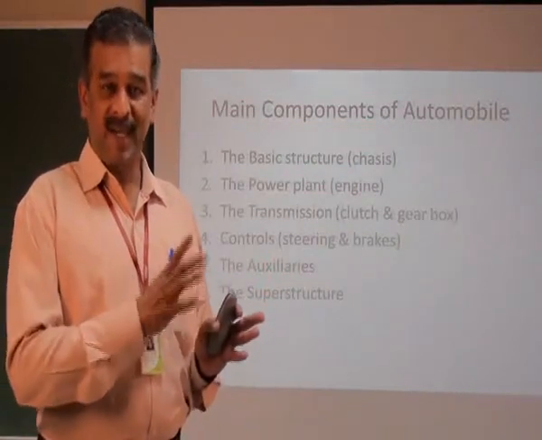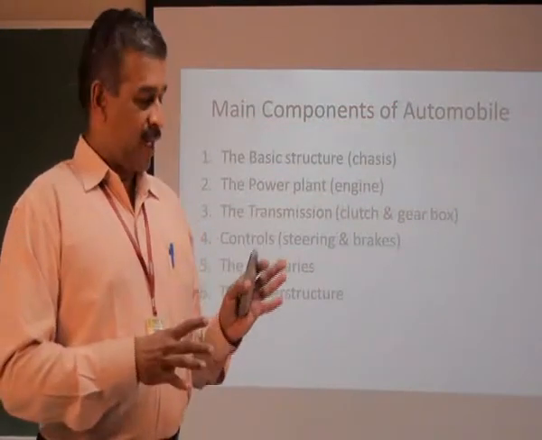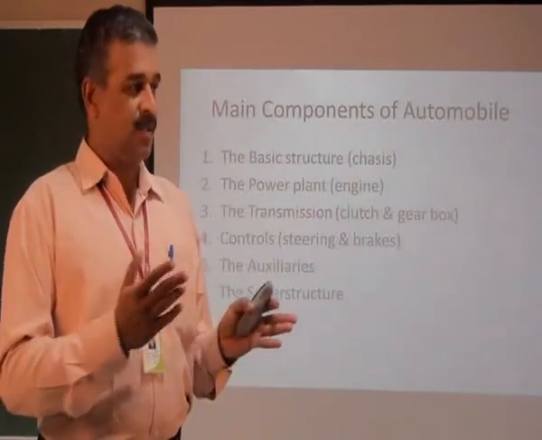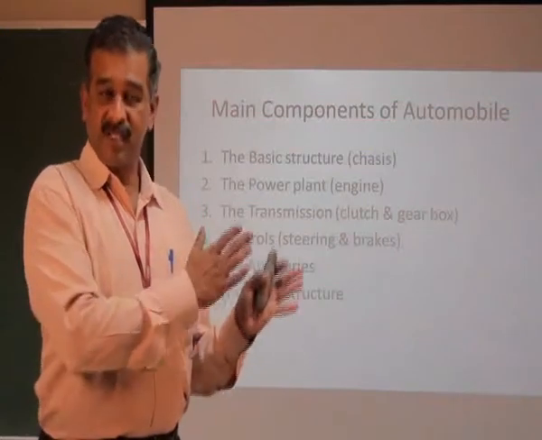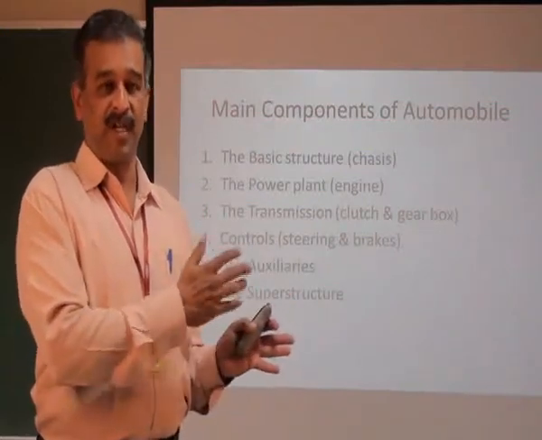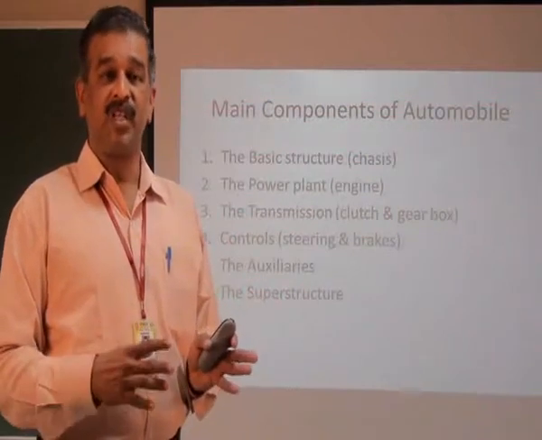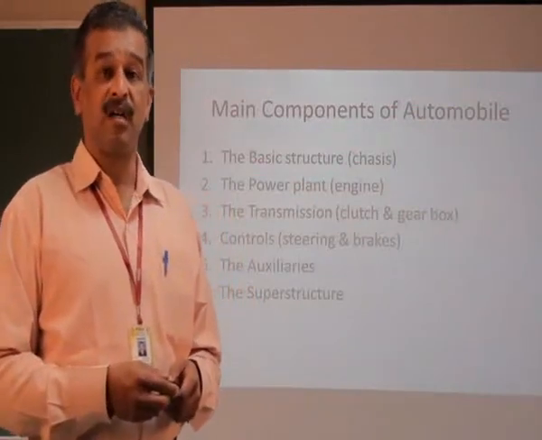Number one, the clutch. Number two, the gearbox. The clutch does the function of engaging and disengaging when you want to change the gears. That's its purpose. I will show you later. Then the gearbox does the function of getting different torques. We need not have the torque constant.